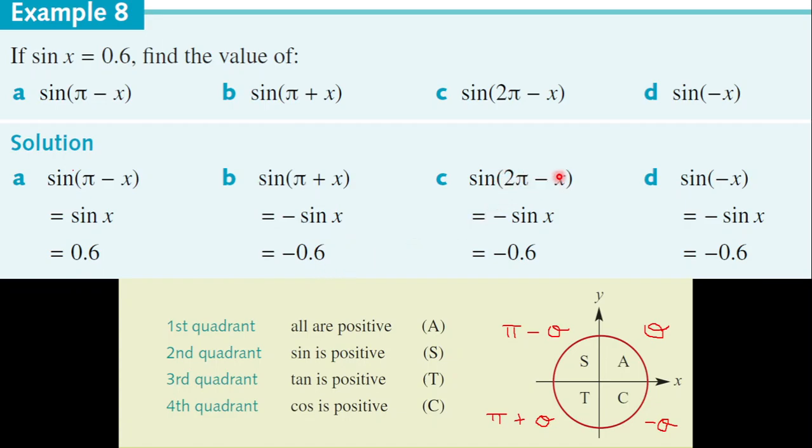Fourth quadrant, only cos is positive, so sine will give you negative sine of x, and you substitute with the value. Sine of negative x, similar to the previous one, or you can use the negative angle property, gives negative sine of x, and that gives you negative 0.6.